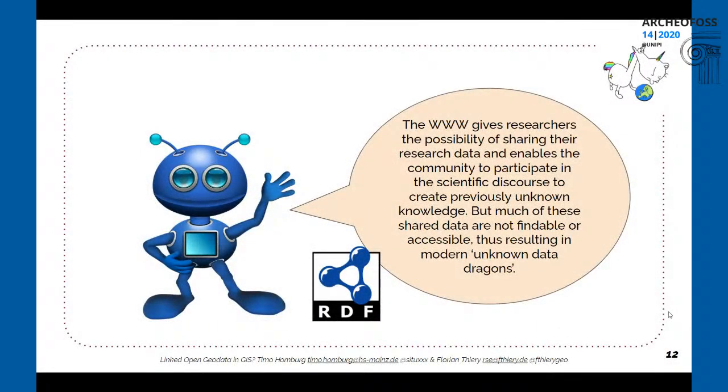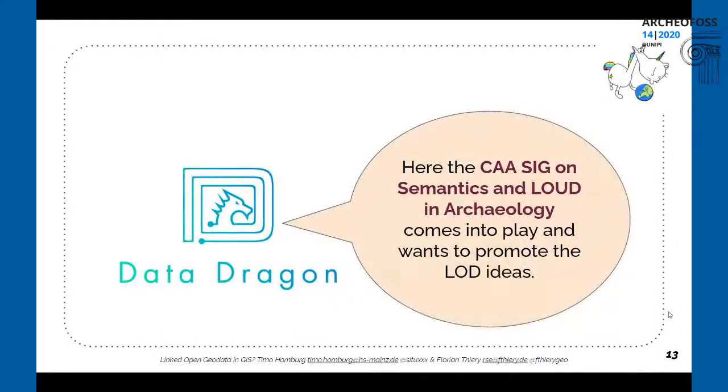So to conclude, the internet gives researchers the possibility of sharing their research data and enables the community to participate in the semantic discourse to create previously unknown knowledge, but much of these shared data are not findable or accessible, and they result in what we call unknown data dragons.